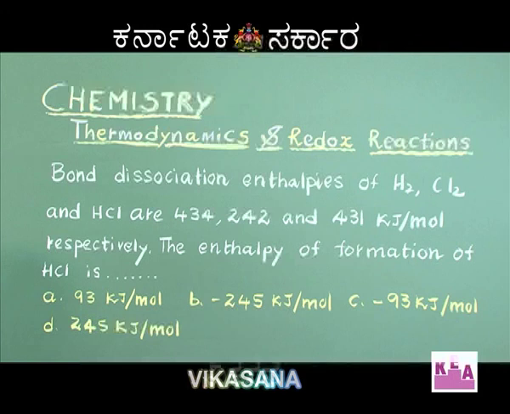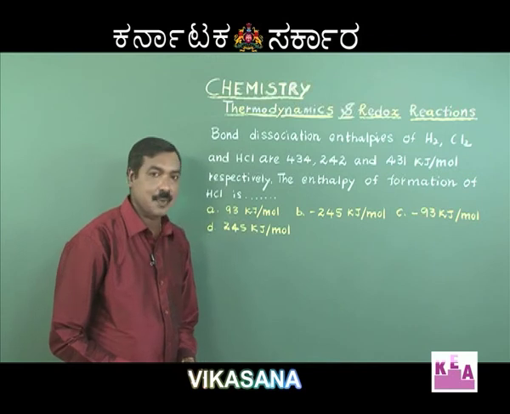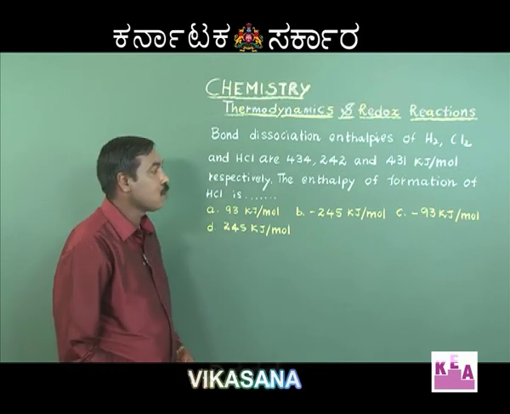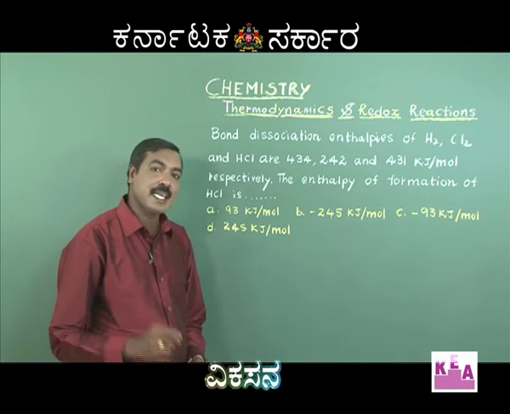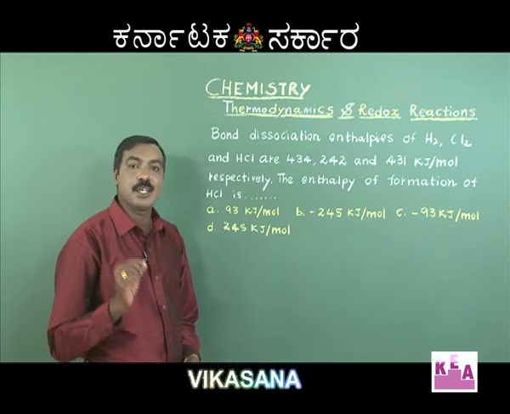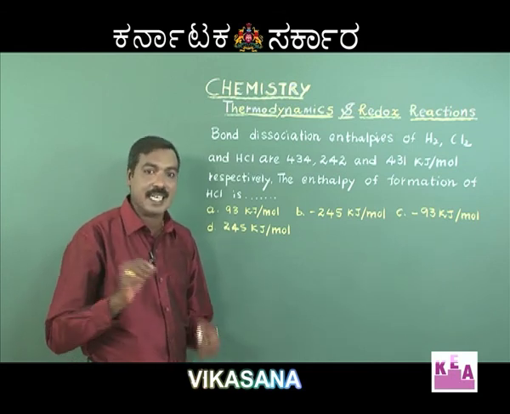Our next question. Bond dissociation enthalpies of hydrogen, chlorine and HCl are mentioned. The enthalpy of formation of HCl is? This is a question which has bond dissociation enthalpies. You would have been quite familiar with delta H change is equal to heat of the products minus heat of the reactants.